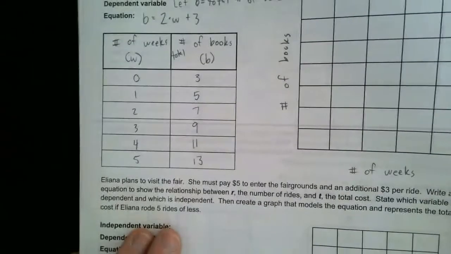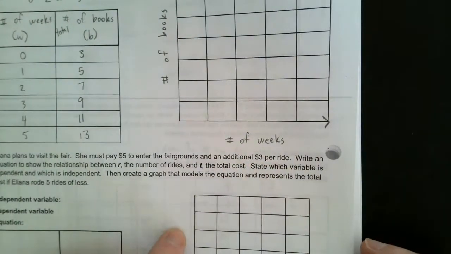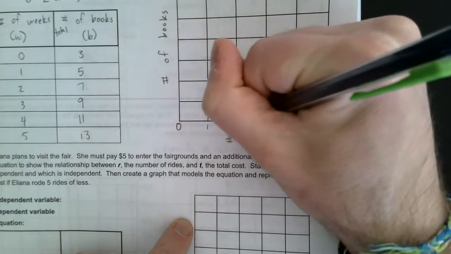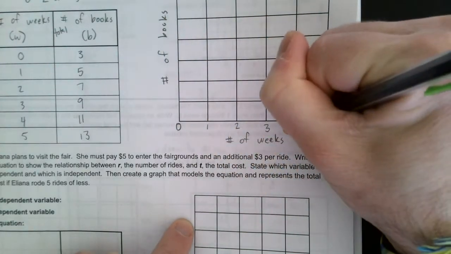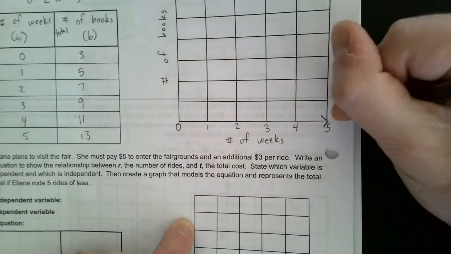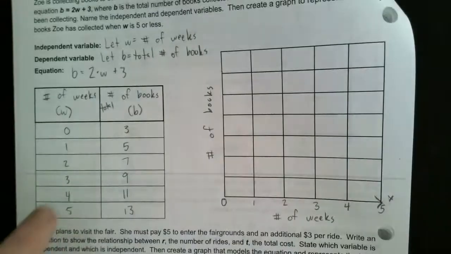Now we got to look at our numbers here. All right, so number of weeks is just going up by 1. So usually the input's really easy to label on here because we start with 0 and then you just kind of go up by 1s. The number of books is a little different story here.